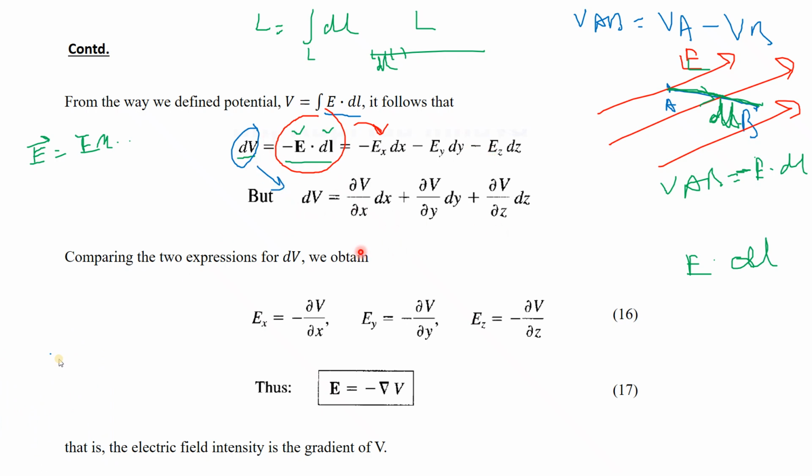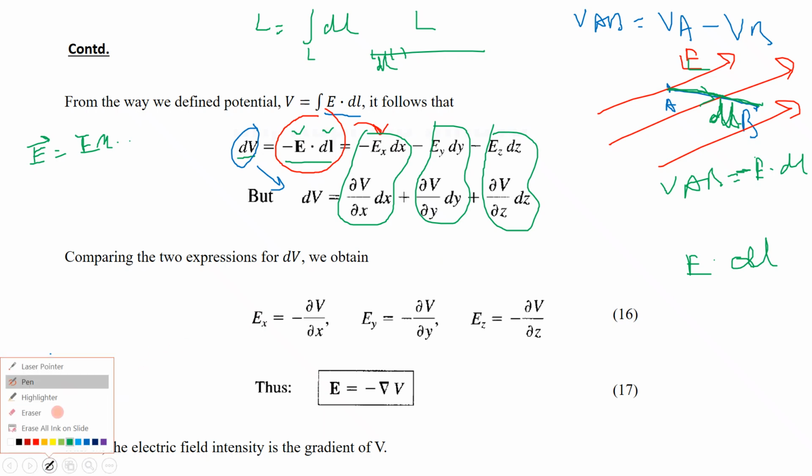If you compare these two equations and separate LHS and RHS, then you get minus Ex equals del x of V, or Ex equals minus del x of V, Ey equals minus del y of V, and Ez equals minus del z of V.